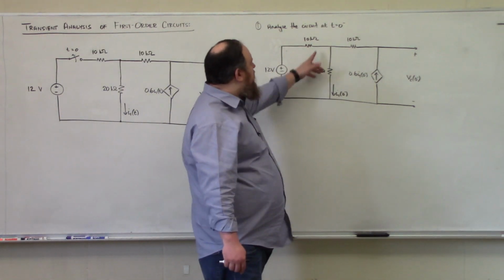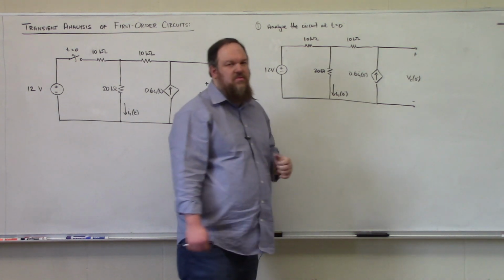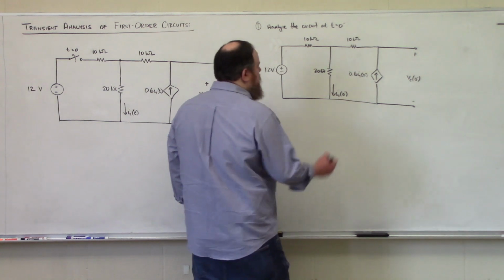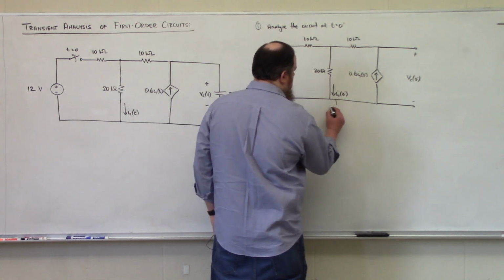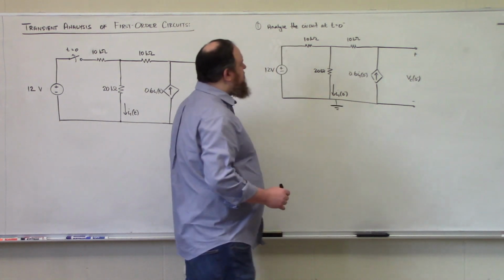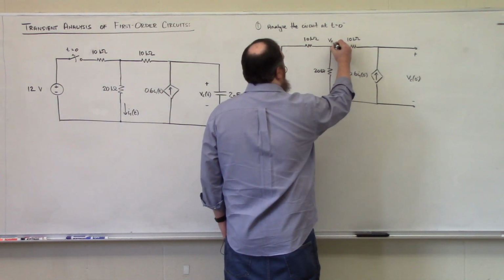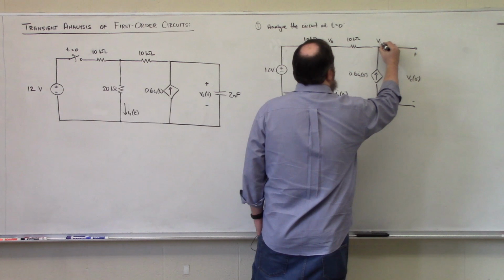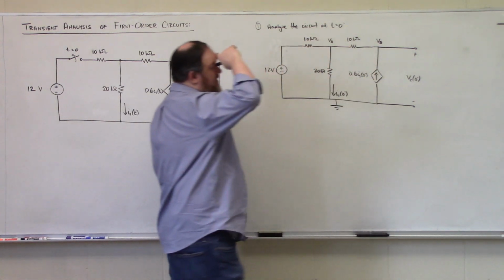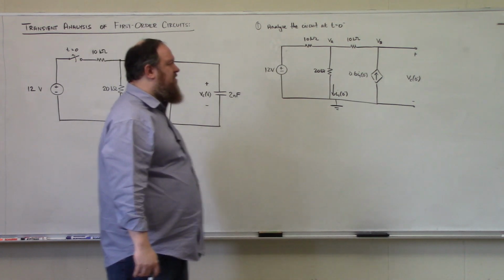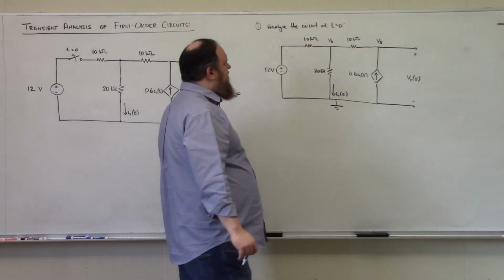Whereas I could use my nodal voltages to determine the current through a resistor very easily. So I'm going to set the bottom node as my reference. And this is going to be node A, and this will be node B, where VB is the exact same thing as my capacitor voltage at t is equal to 0 minus.